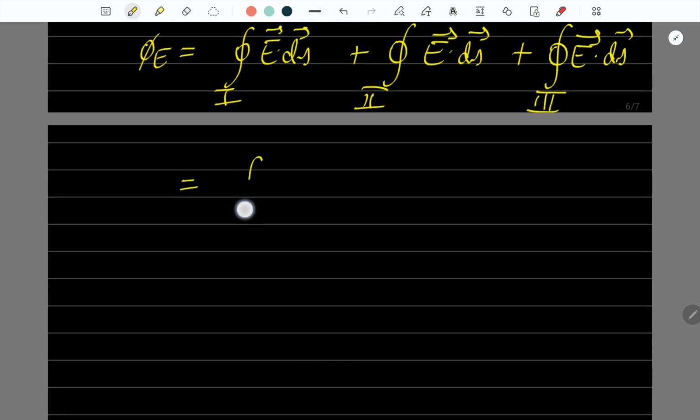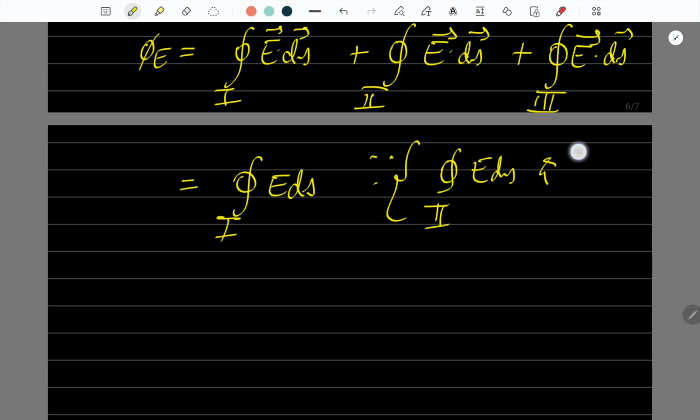So I can clearly write: integral E ds for the first part will remain as it is, whereas the integrals of E ds for the second and third parts will be 0. Why?